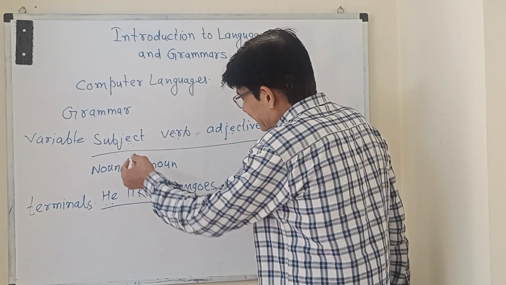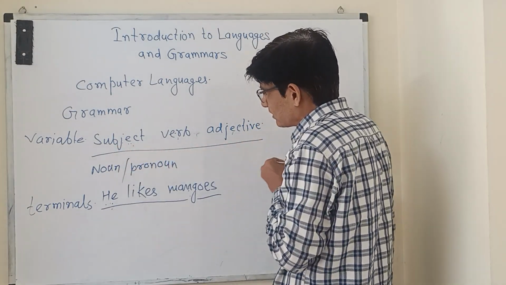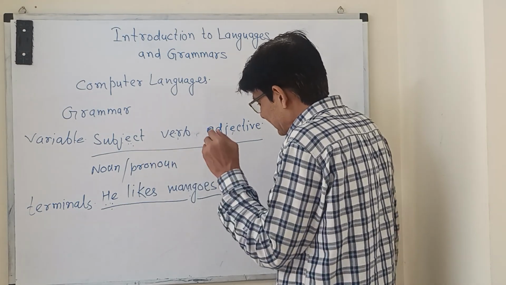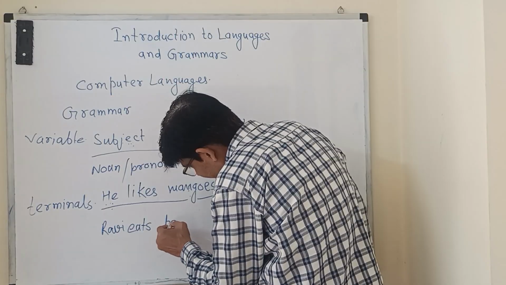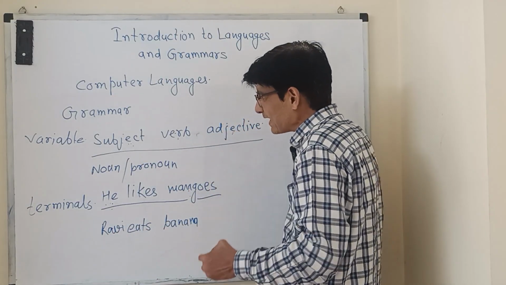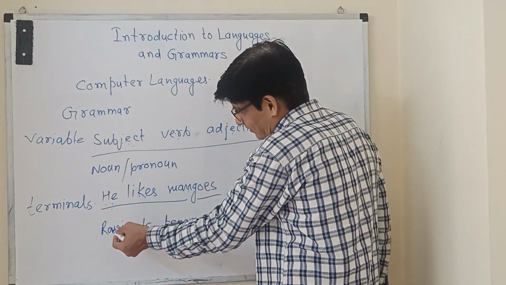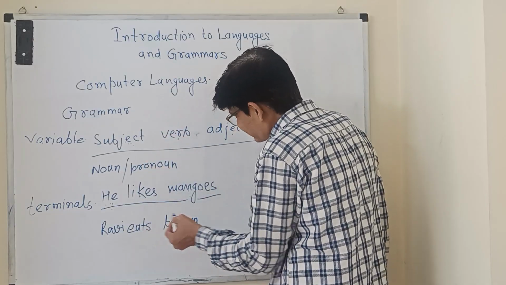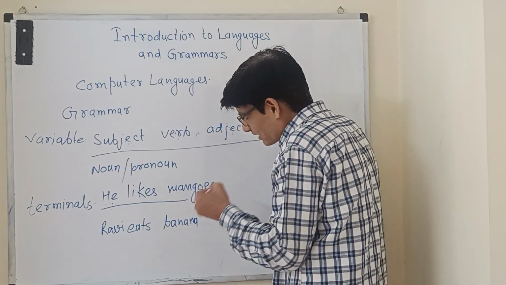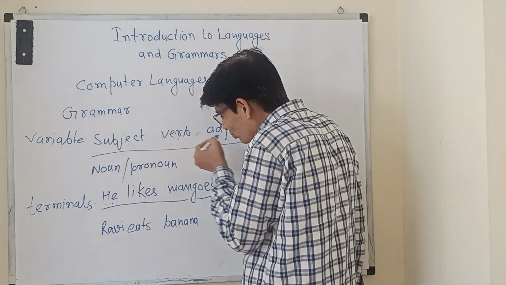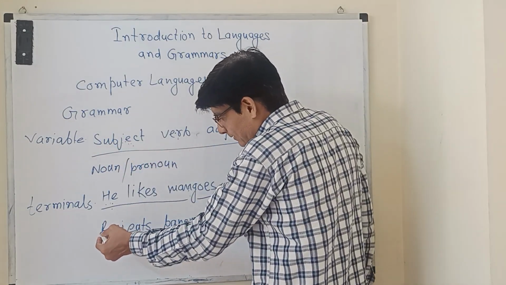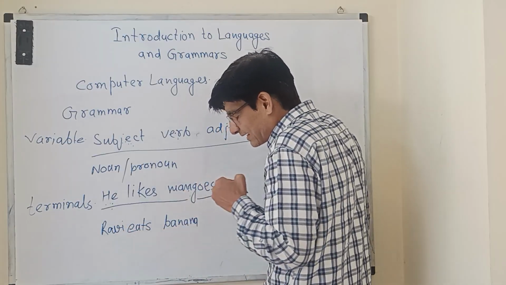Again, I can use the same grammatical rules and write "Ravi eats bananas." I have replaced subject with Ravi, verb with eats, and adjective with banana. So here I have created one more sentence with the same rule, and this is again a final sentence.